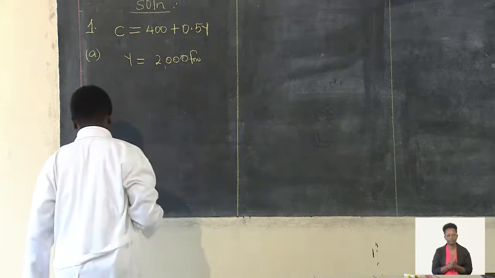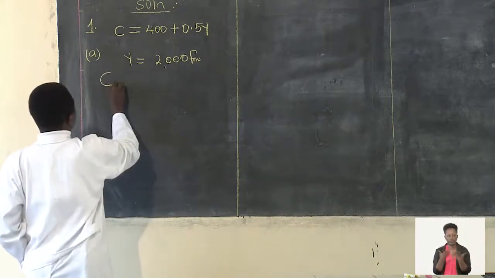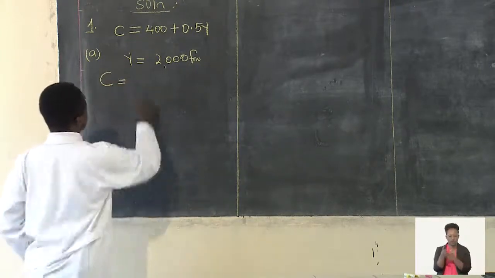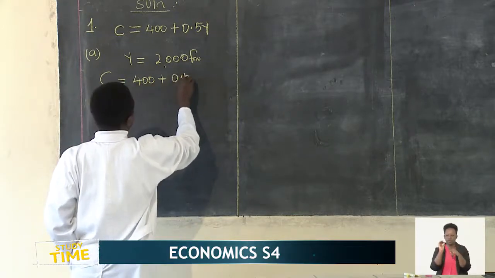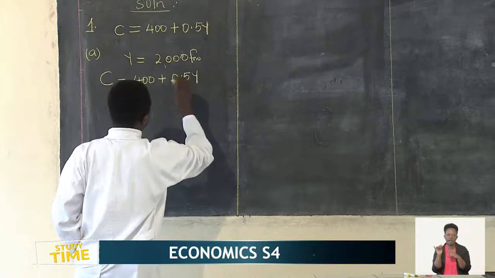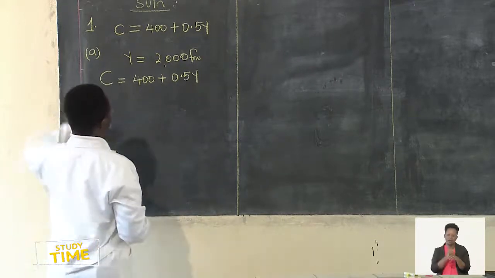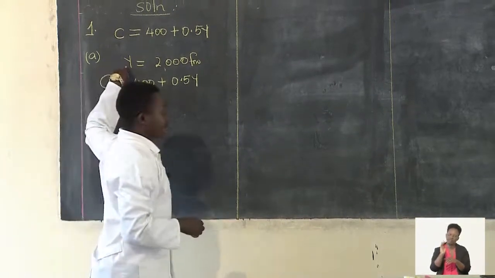How do you go about this? So we have our consumption expenditure, which is equal to 400 plus 0.5Y, of which Y is our disposable income.